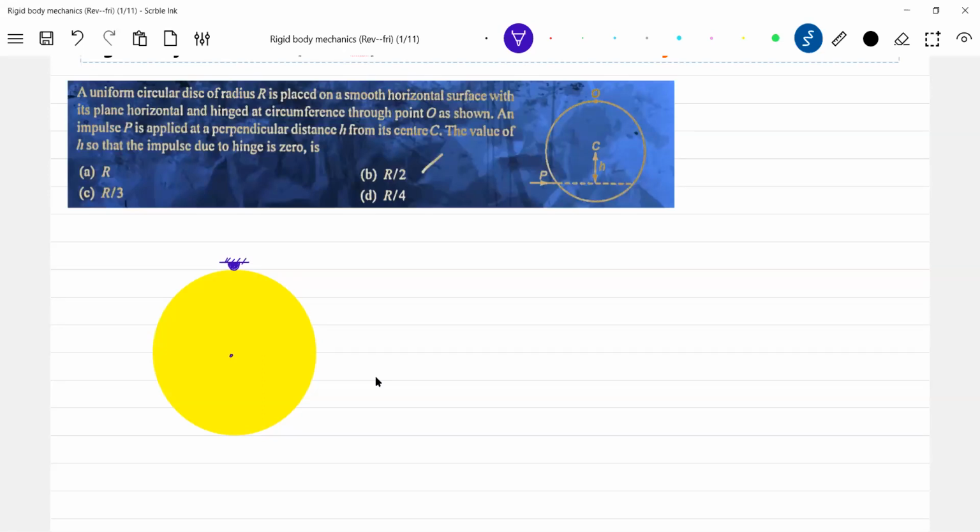Impulse P or J, anything you can take. I'll make it J so that it will be easier. P we will take for something else.